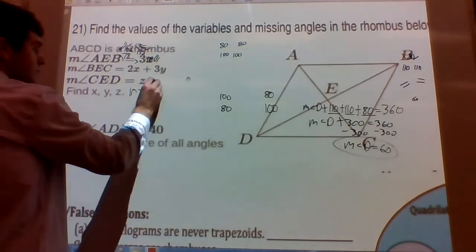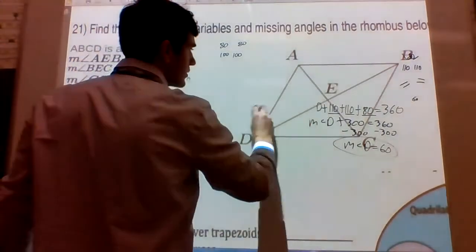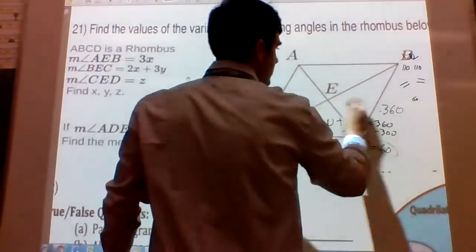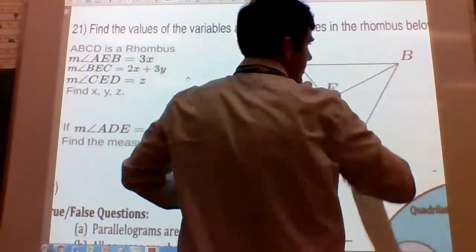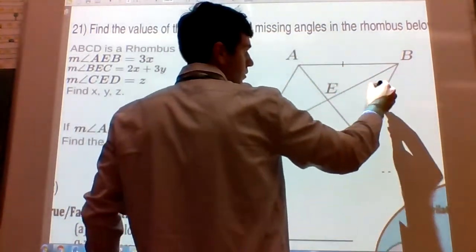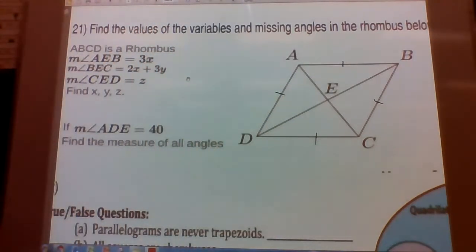ABCD is a rhombus. So we know a rhombus has four sides that are congruent. Even if it's not going to be useful, I like to put them in just so they're there, so I don't forget anything. Okay, and we want to find X, Y, and Z.